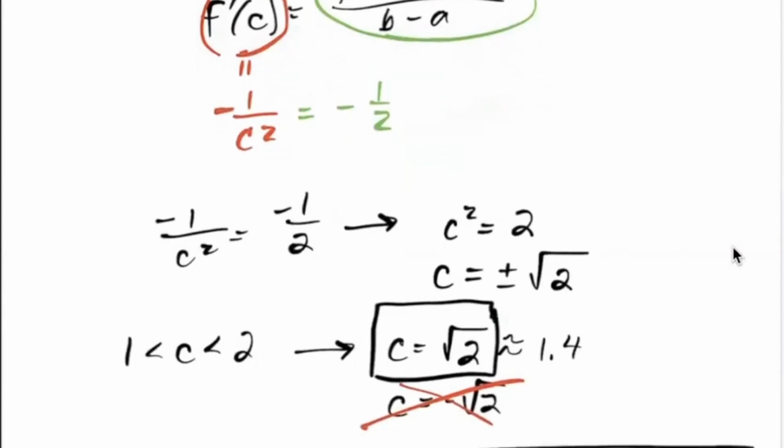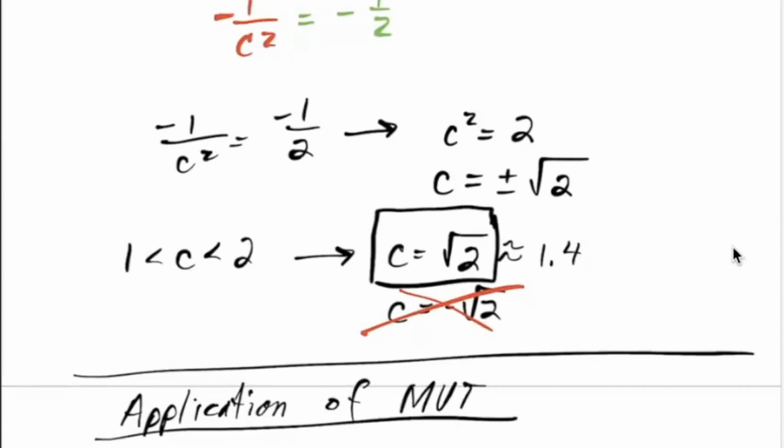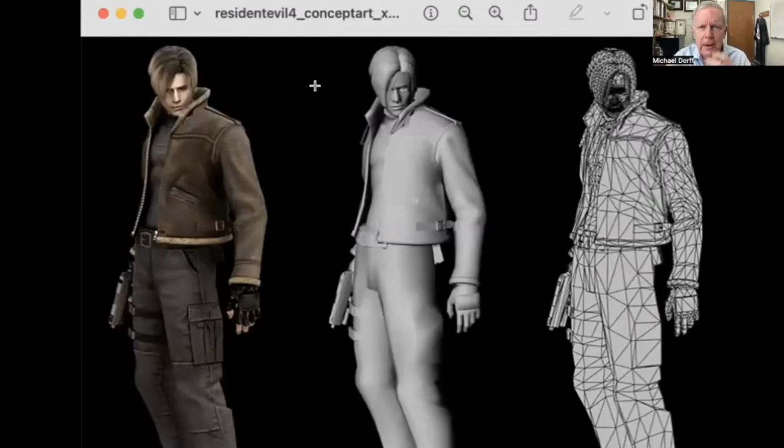Now, what are some applications of the mean value theorem? Well, there's a cool application in CGI, computer graphic imagery. Let me show you some examples here.